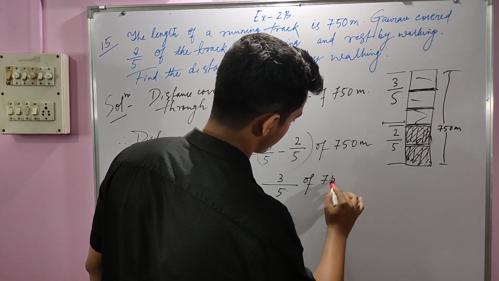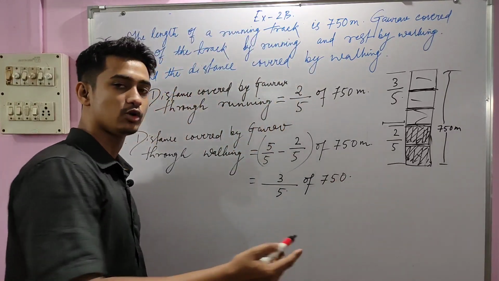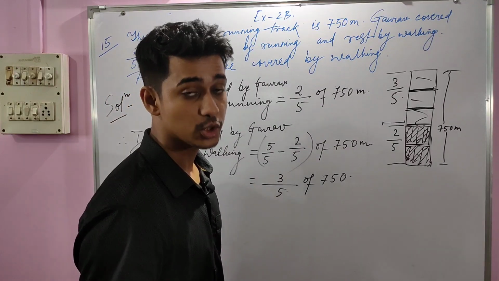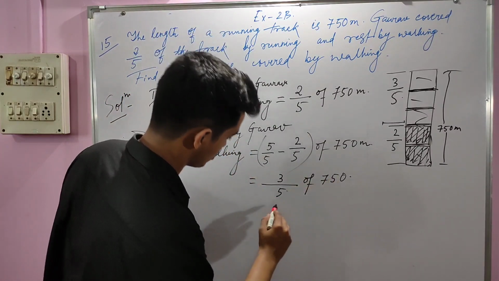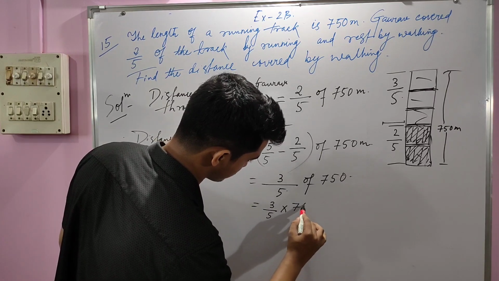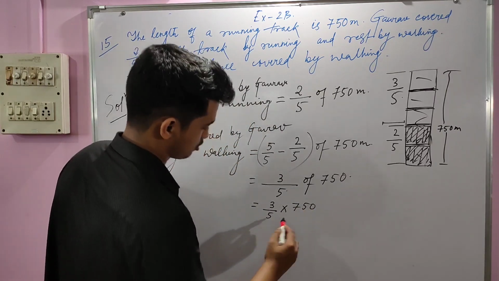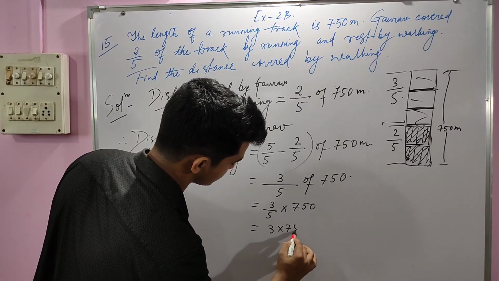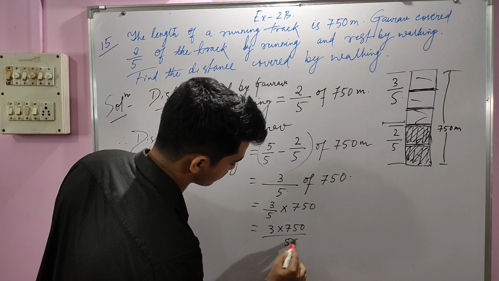So 3 by 5 of 750, and we know that of is indicating which operator? Multiplication. So 3 by 5 into 750. So the answer is basically 3 into 750 by 5.